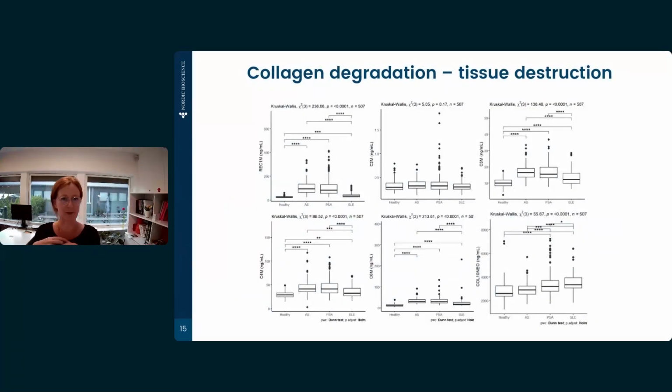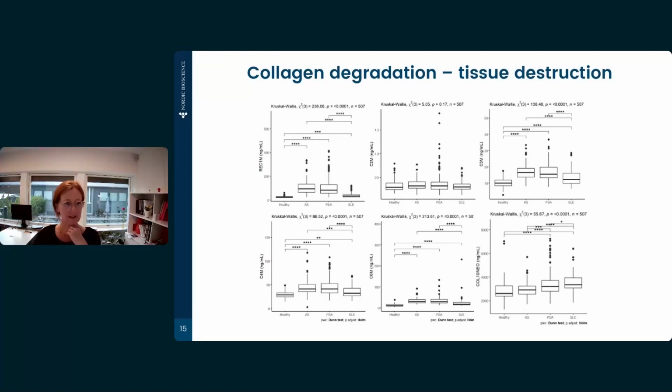So what we did first was just to look at the levels of tissue destruction biomarkers. So type 1 collagen destruction, type 2 collagen destruction, type 3 collagen destruction, type 4 collagen, type 6 collagen, and type 10 collagen destruction.